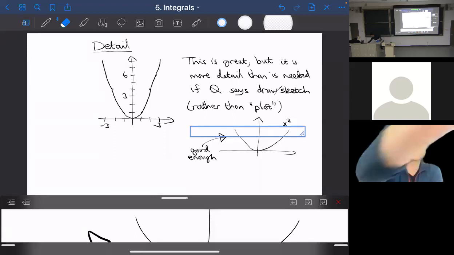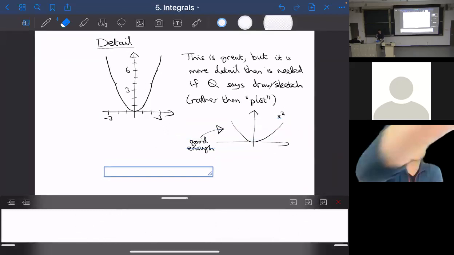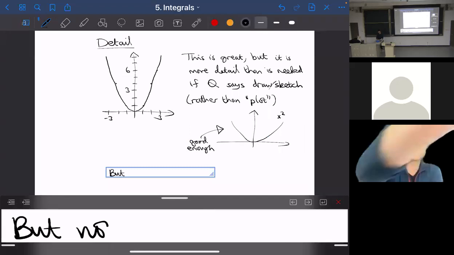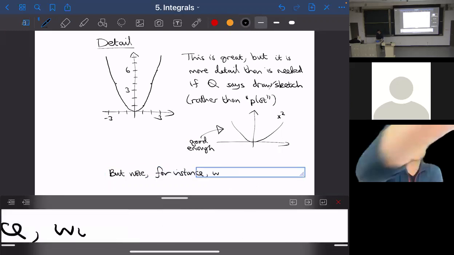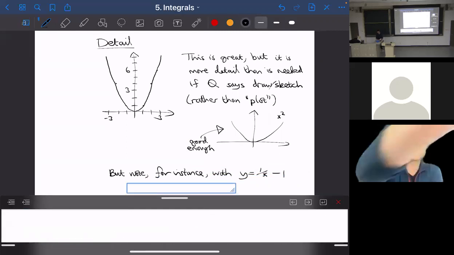I'll show you another important thing about the details we do have to show. But note, for instance, with y equals 1 over x minus 1.